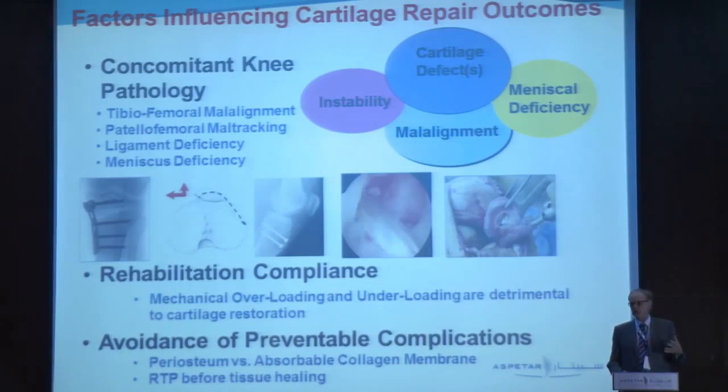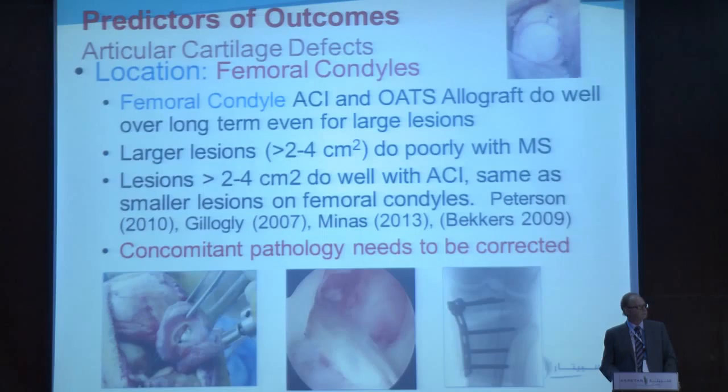The reoperation rate that was alluded to with ACI has to do with the periosteal reattachment that then overgrows. Fortunately, we've learned that in over a decade, periosteum is seldom used, and the reoperation rate went from 28% to less than 5% for ACI. So that's really not an issue anymore. But another avoidable complication would be return to play prematurely.